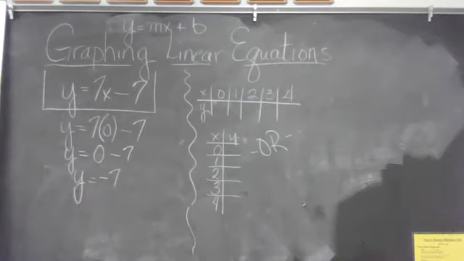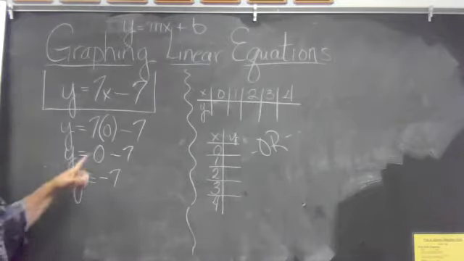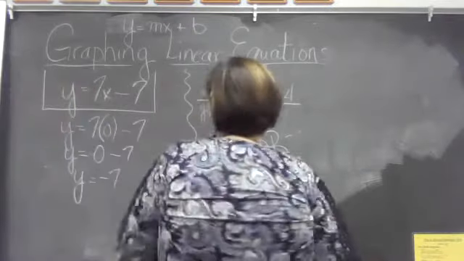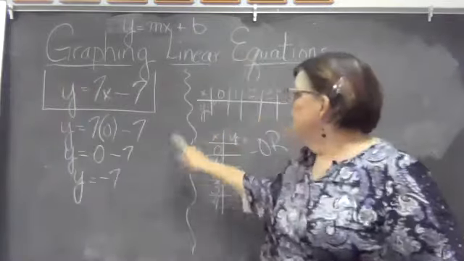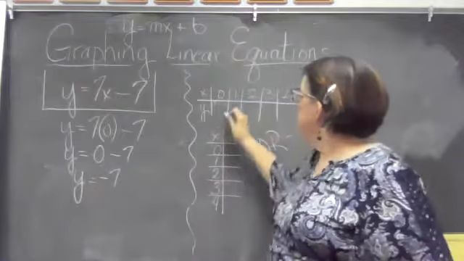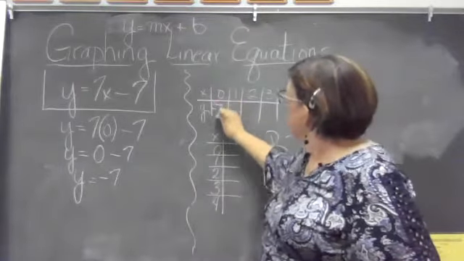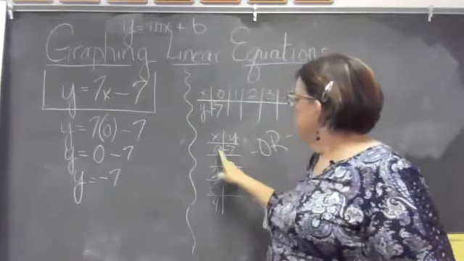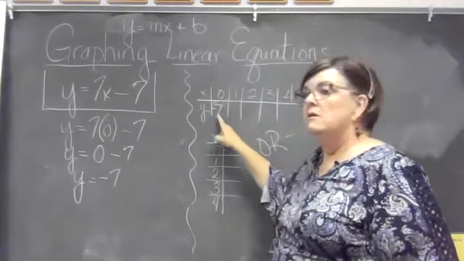Everybody okay with that? So when I plug in a 0 for x, I got the answer that y will be negative 7. See how the 0 and the negative 7 go together?